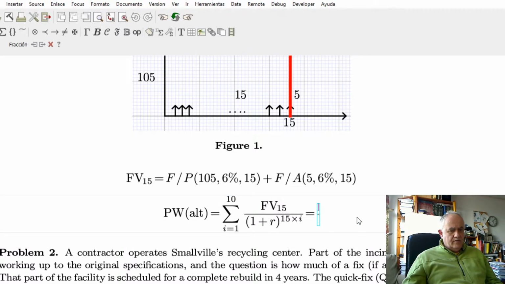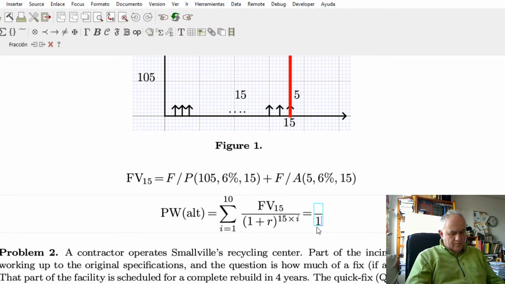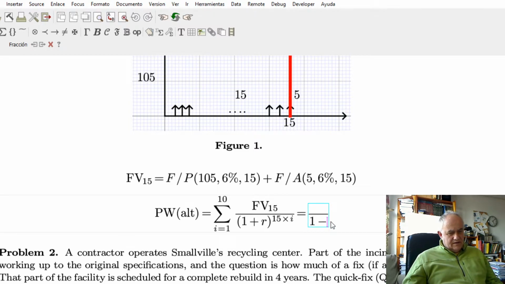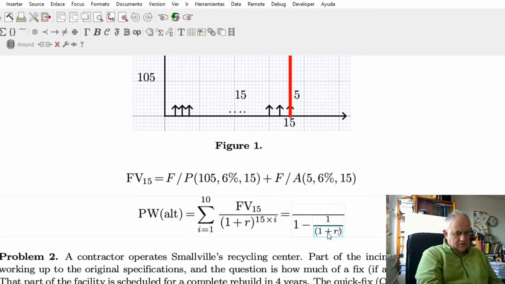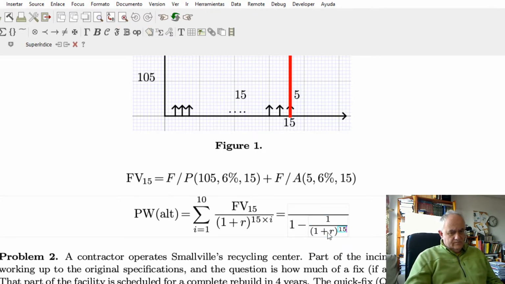Okay, here we'll have 1 minus, and the rate will be 1 over, oh sorry, 1 plus r up to 15. The first term will be this one.